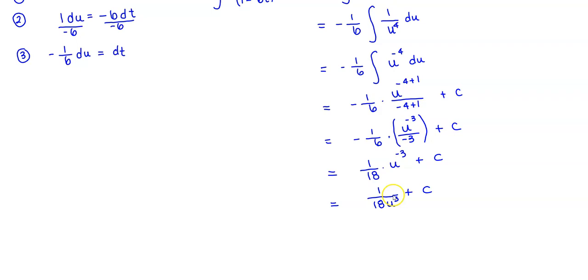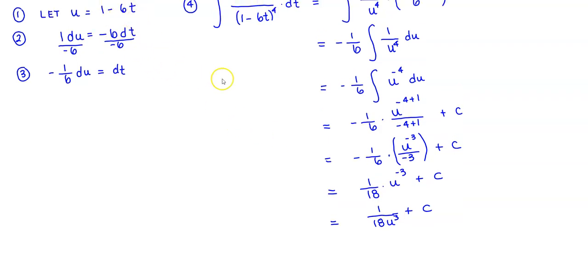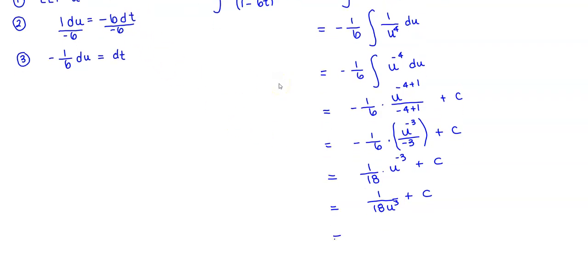The substitution for u we know was 1 minus 6t. So therefore this is going to be equal to 1 over 18 times 1 minus 6t to the power of 3 plus c, and there is our result.